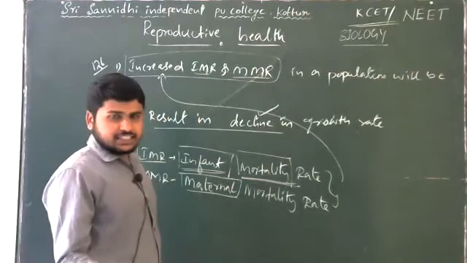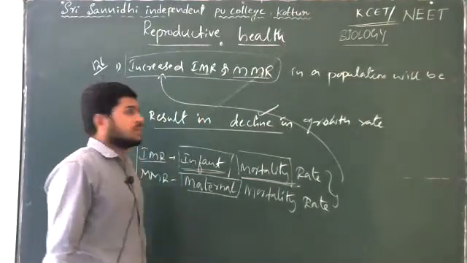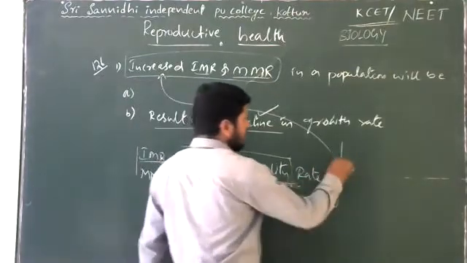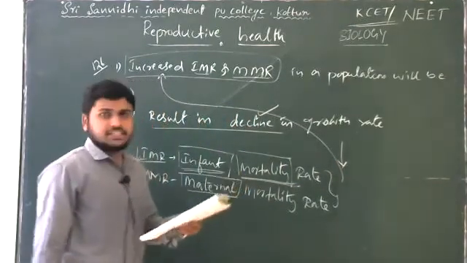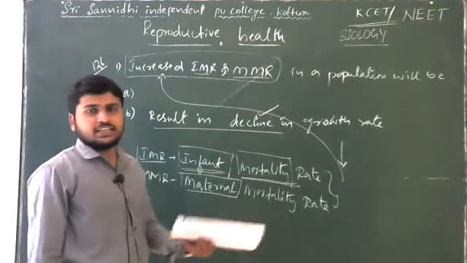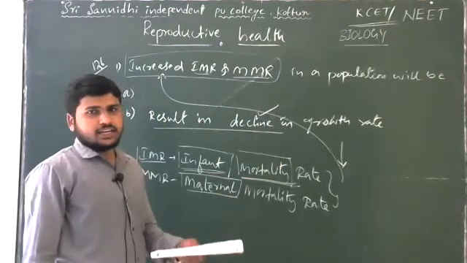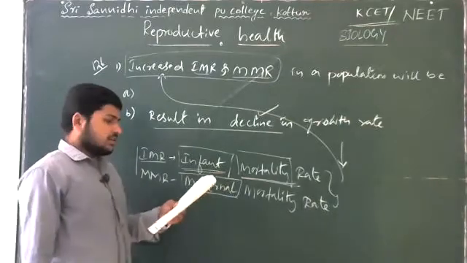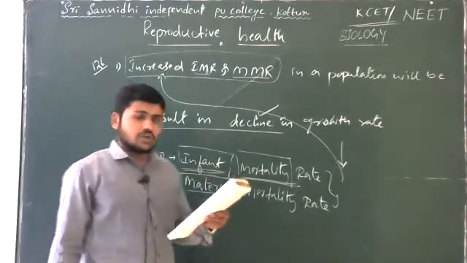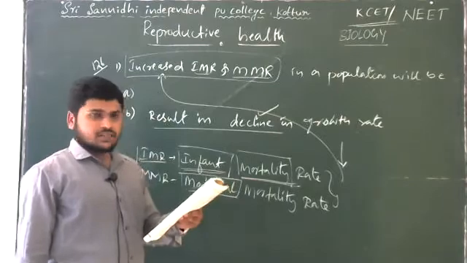Why? Because significant changes occur: there is a decrease in the growth rate. Changes means either increase or decrease in the growth rate of a population. So that is not the answer.